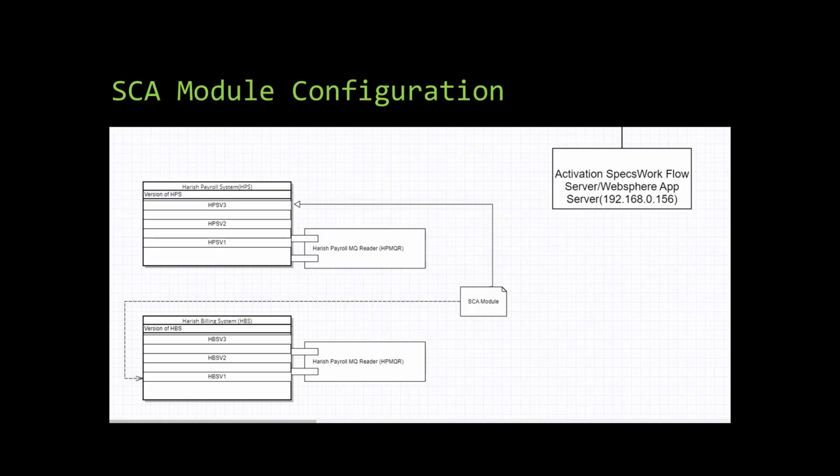Only thing is you need to point this SCA module to your other application. So at any point of time your SCA module can trigger the instances on only one application. So that is the reason we prefer to have one MQ reader toolkit per application.